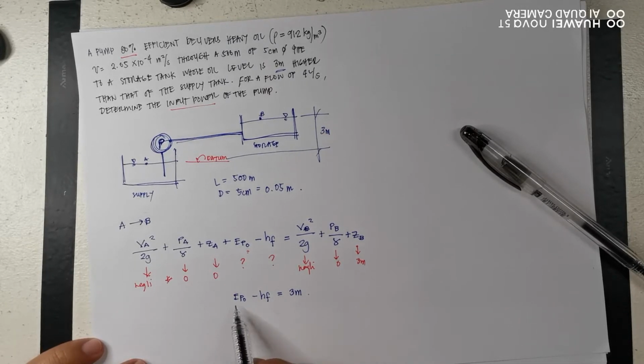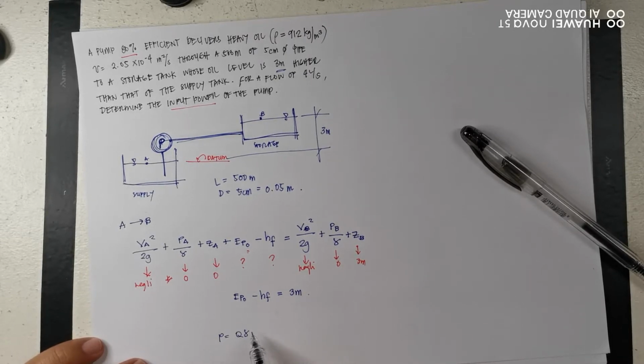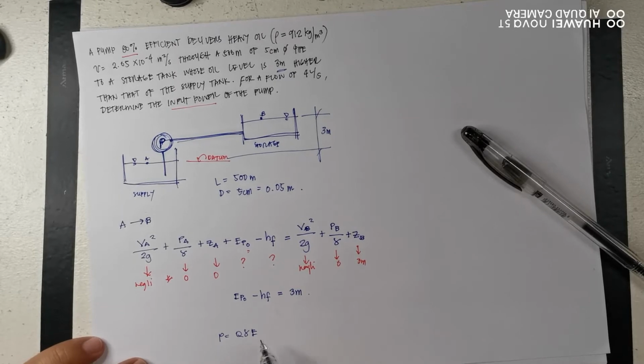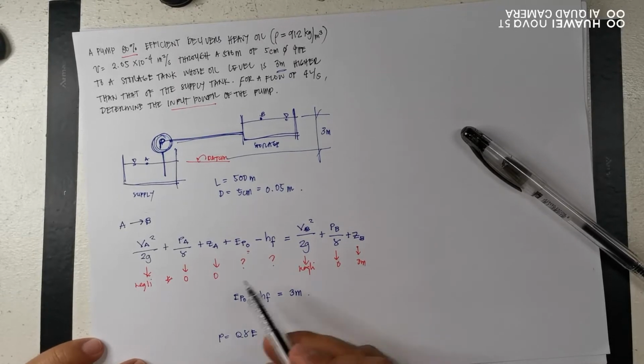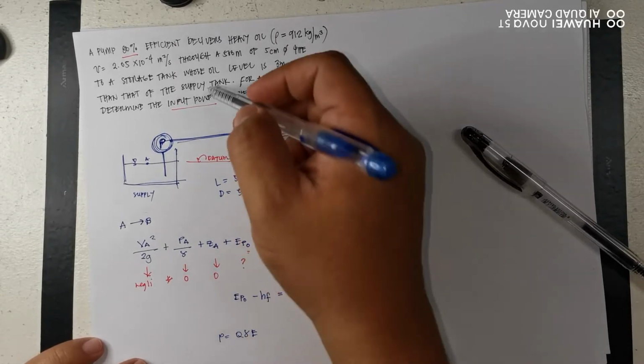Okay. So since ang hinahanap natin dito is EPO, para magagamit natin siya mamaya sa pagkuha ng power, na P is equal to Q gamma E, no? So mamaya natin masosolve yan, yung input power na to.